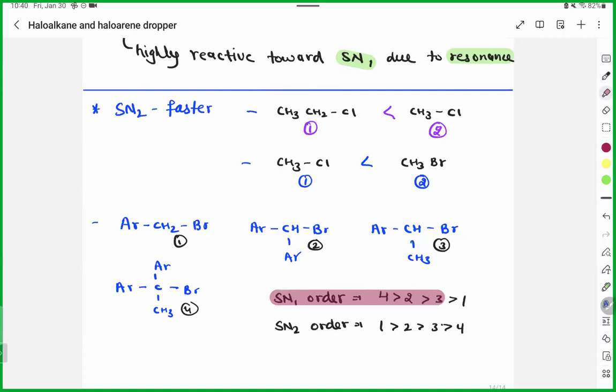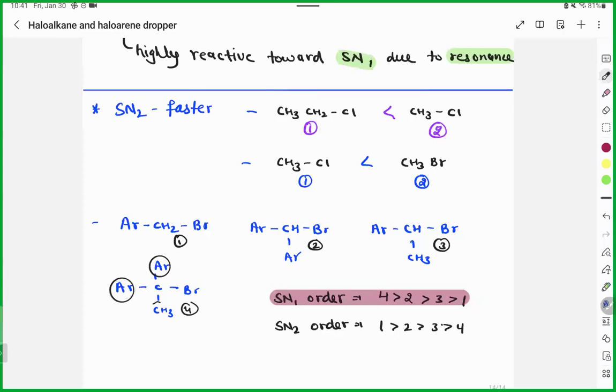This is correct. Why? More benzene rings, more resonance, more stability for SN1. That's why that will give you the SN1 order. In the fourth, you have two benzene rings with one alkyl group also.